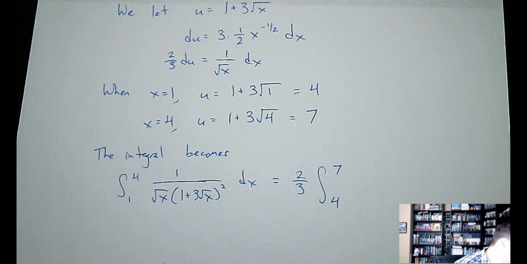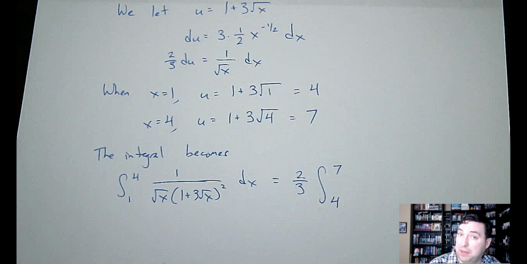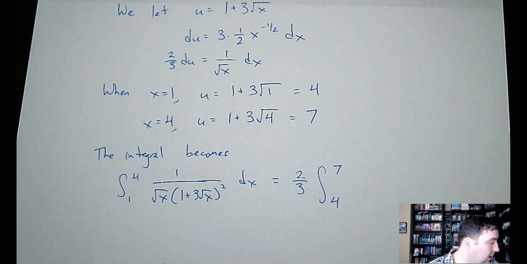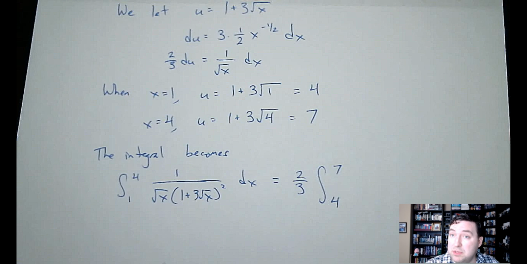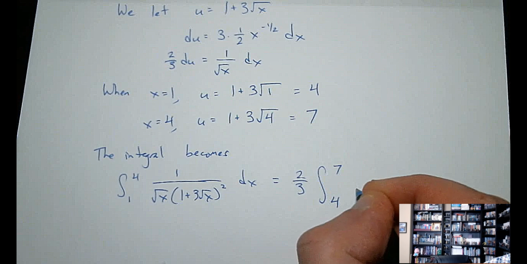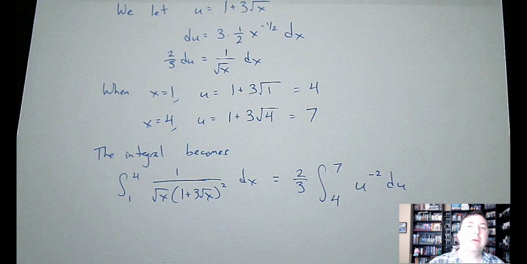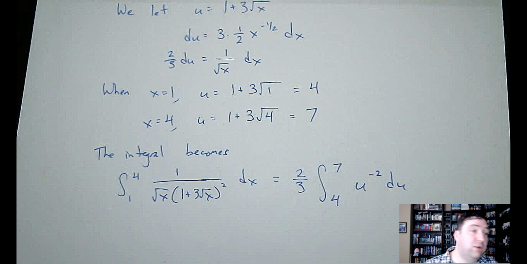And our integrand, well, the 1 plus 3 root x in the denominator just gets replaced with u. So that'll be a u squared in the denominator. And the 1 over root x times dx all becomes the du. So we've just got 1 over u squared, or u to the negative 2, times du, which is now a very nice, straightforward elementary integral.